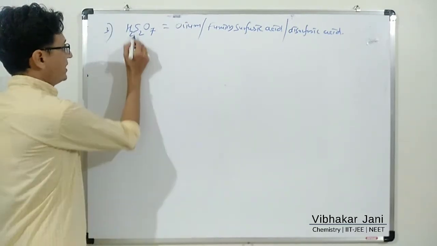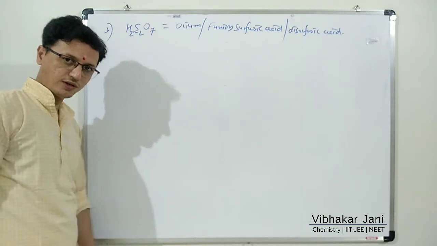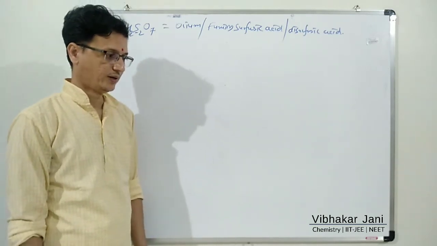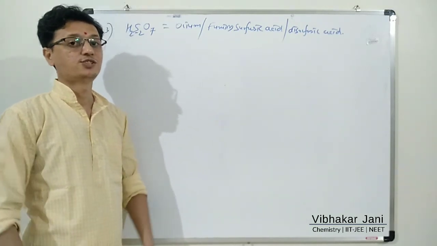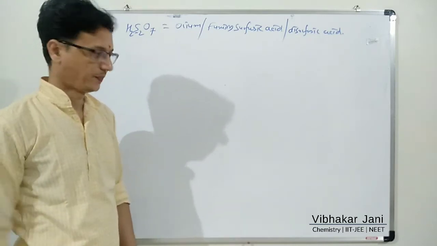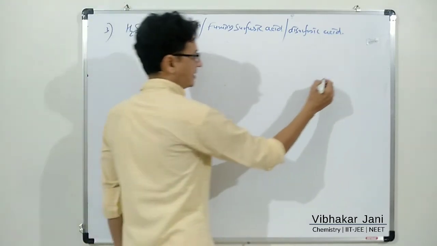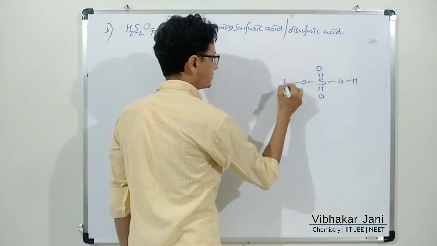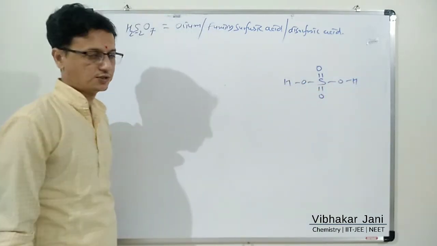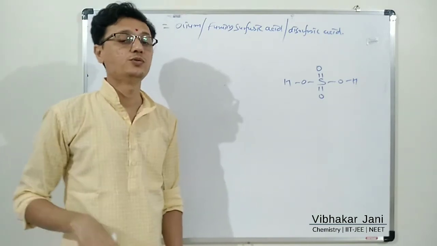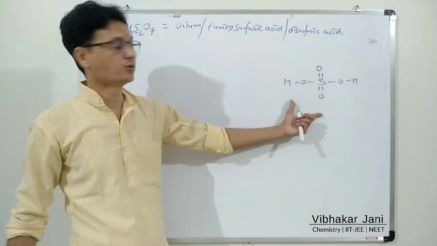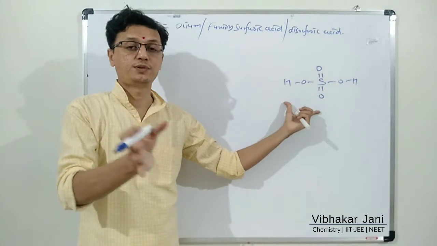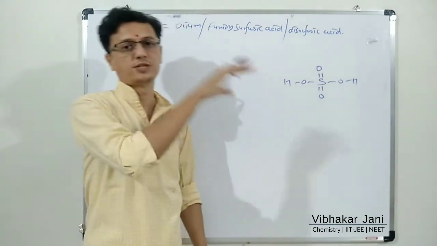And if we want to find the oxidation state of this sulfur, then also we have to write the structure of this. So first of all, this is the structure of sulfuric acid. You have to remember this structure. As I told you that you will be able to draw such kind of structure after learning the chapter chemical bonding and molecular structure.